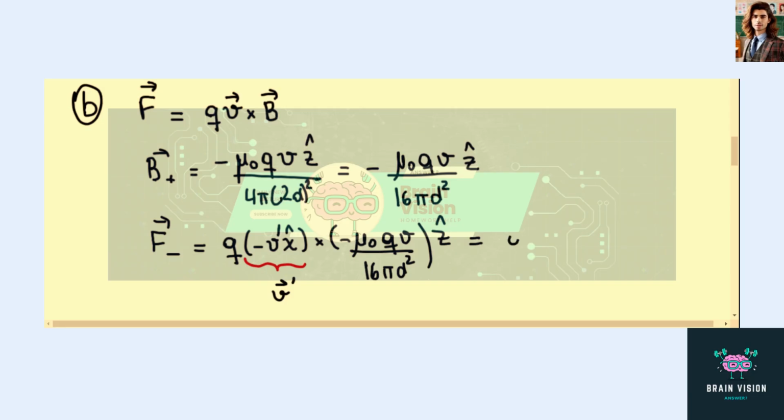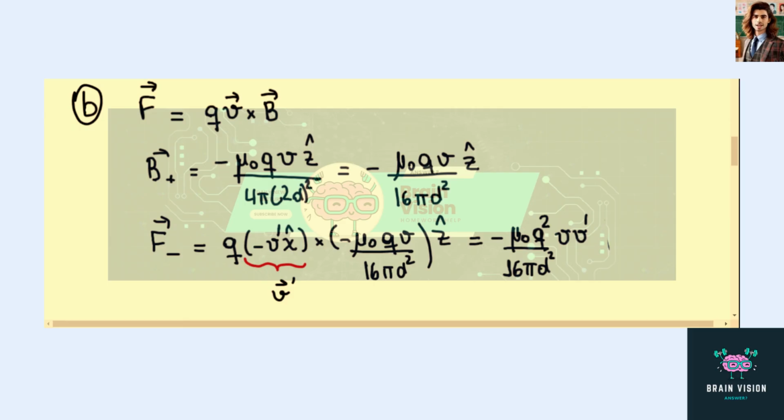So this is mu 0 divided by 16 pi d squared times q squared times v prime times j, actually there's a minus here, because x cross j is minus y.